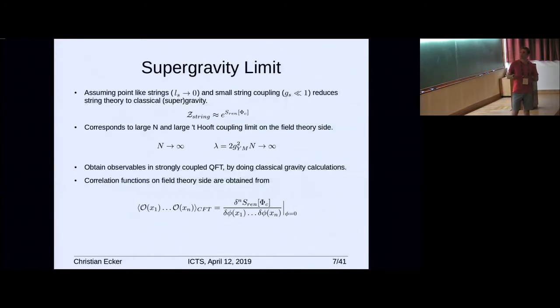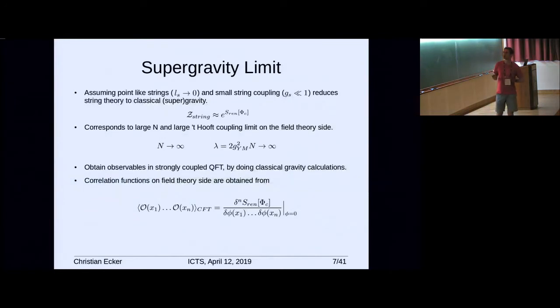On the field theory side, this corresponds to the large N and large 't Hooft coupling limit. So this is very nice, because this gives you a method to obtain observables in a strongly coupled quantum field theory by doing classical gravity calculations.